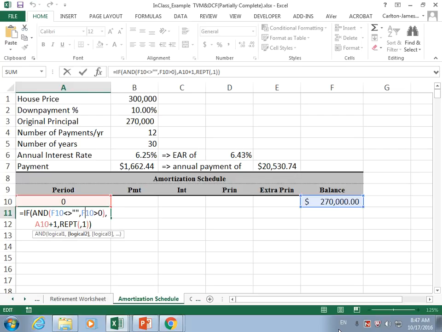So you can choose to do this or that as your alternative. It's up to you. You can put a blank, or you can do this. This repeat function, you can kind of Google it.